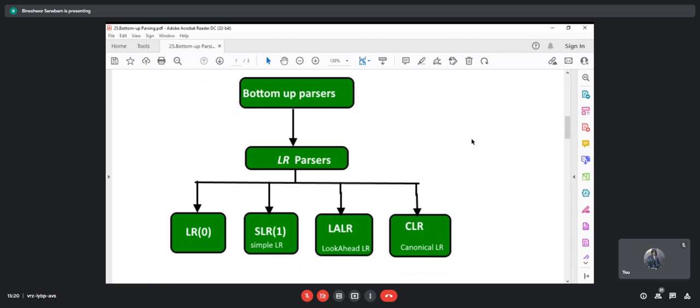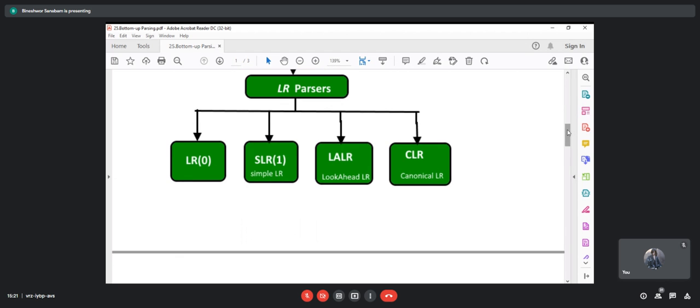This bottom-up parsing, we also call it shift-reduce parsing. Whenever there is a term like shift-reduce parsing, it refers to this bottom-up parsing. And LR parsers are bottom-up parsers, of which we have different types.